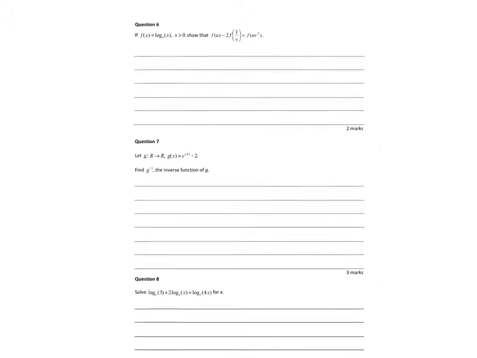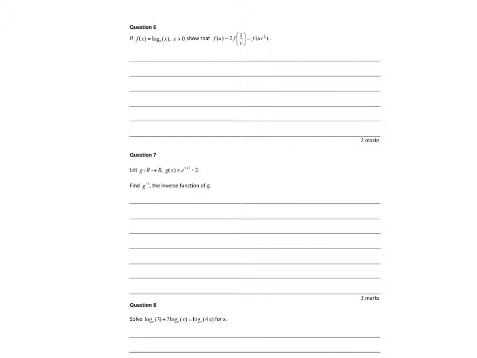All right, so let's substitute those values in. f of u equals the natural log of u. f of 1 on v equals the natural log of 1 on v, which equals natural log of v to the minus 1, which equals negative natural log v.